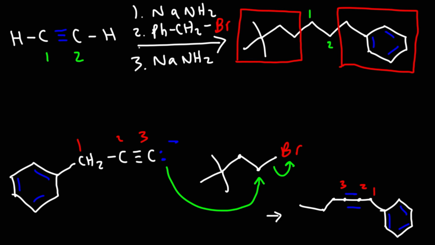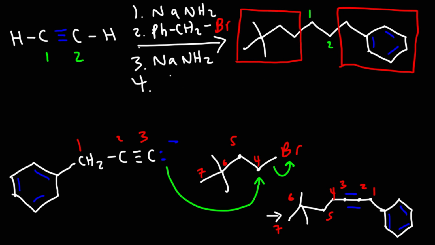So we have the triple bond between carbons 2 and 3. That makes this one 4, 5, 6, 7. So we have a 7 carbon chain, and on carbon 6, we have 2 methyl groups. So that's going to be the molecule that we have after step 4.